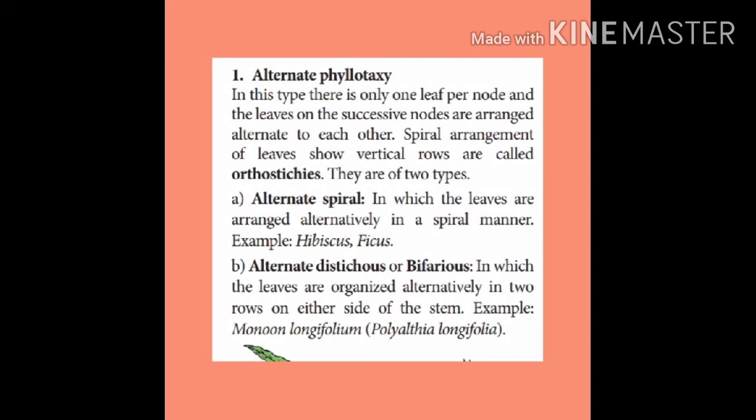Alternate phyllotaxy is a type where the leaves on successive nodes alternate with each other. The spiral arrangement of the leaf showing a vertical row is called orthostichy. Alternate spiral and alternate distichous are the two types under alternate phyllotaxy.